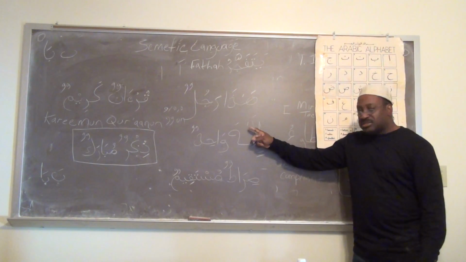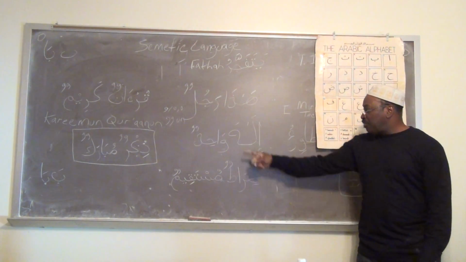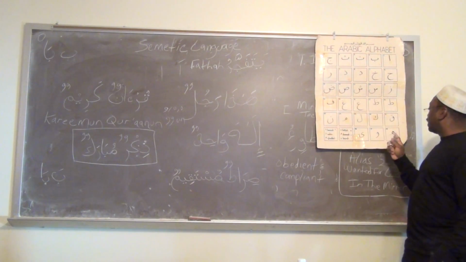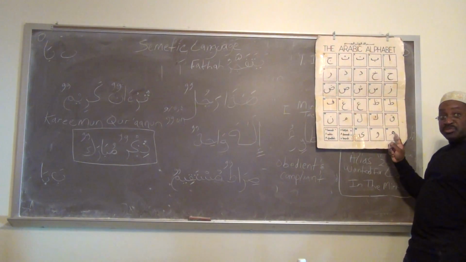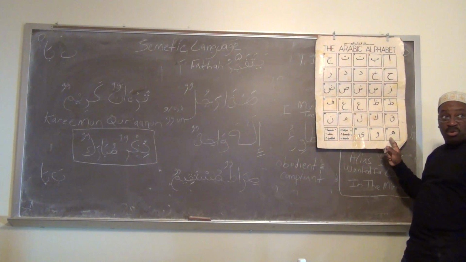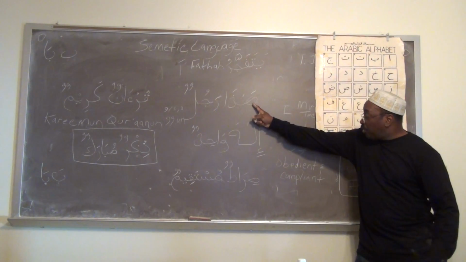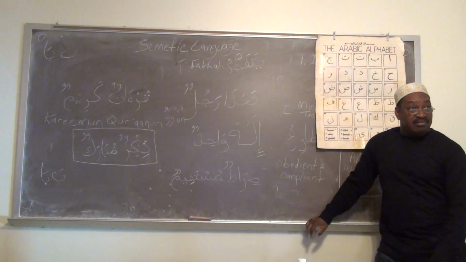With this mark it means we have to elongate that A. And look at this last letter here. What is this? That's an H, because it's coming at the end. We saw how it looks when it stands alone, and when it started at the beginning, see it right here? But when it's on the end, it looks like this. That's the end of it.